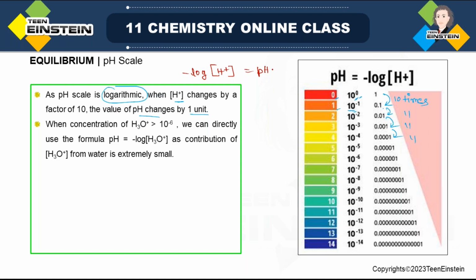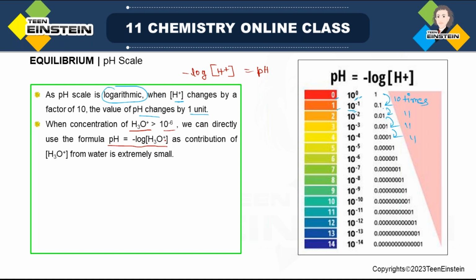So you have to remember this condition that I am going to discuss. When concentration of H3O plus or H plus is greater than 10 to the power minus 6, suppose it is 10 to the power minus 2, 10 to the power minus 3, 10 to the power minus 4, like this, greater, in this case, you can use this formula directly.